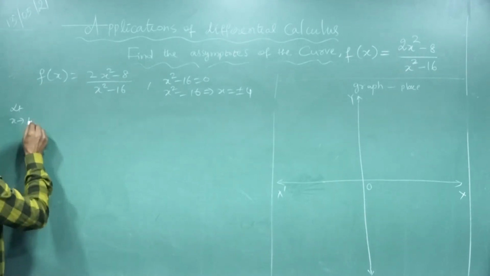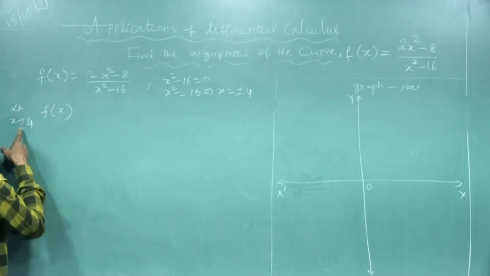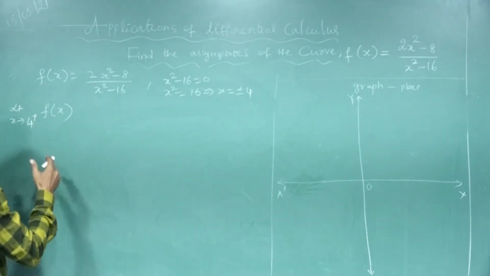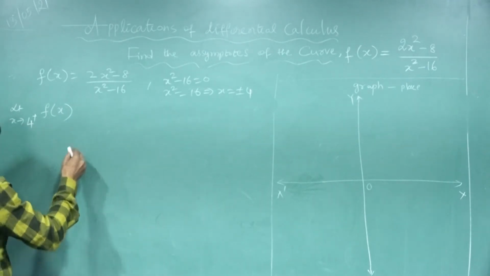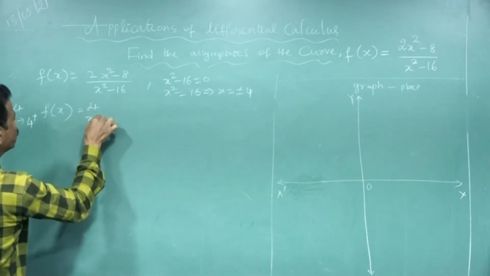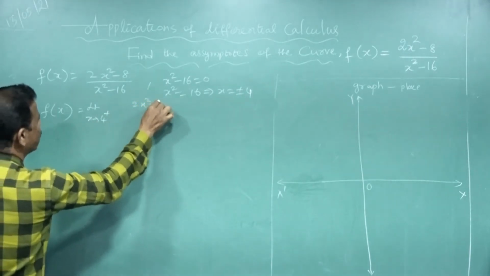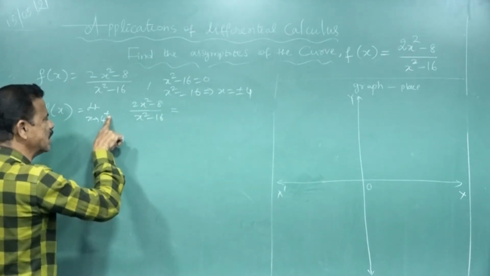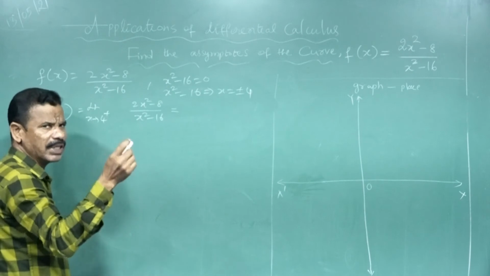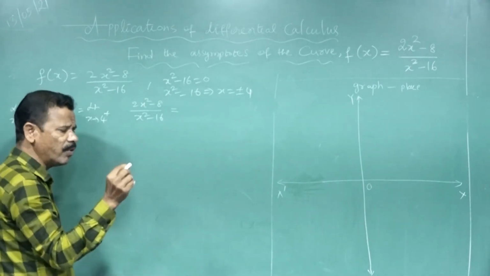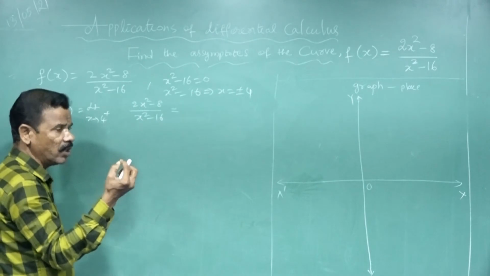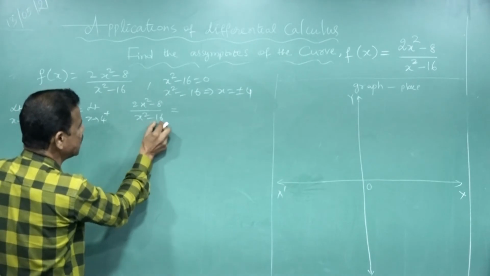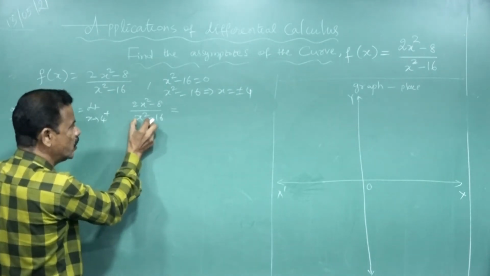So we check the limit as x tends to plus 4, considering first the right side and then the left side. The limit as x tends to 4 plus of (2x² − 8)/(x² − 16): 4 plus means slightly above 4, like 4.001. So x² is a little bit greater than 16, and it is positive infinity.